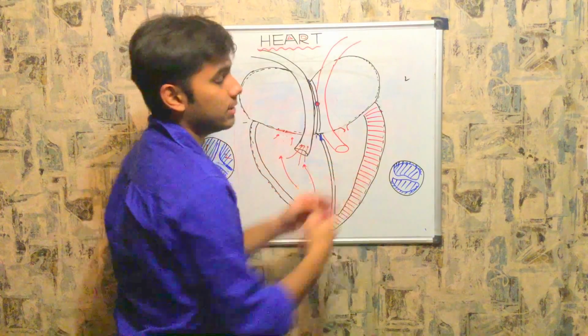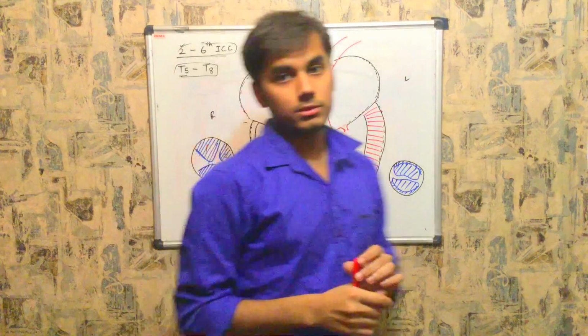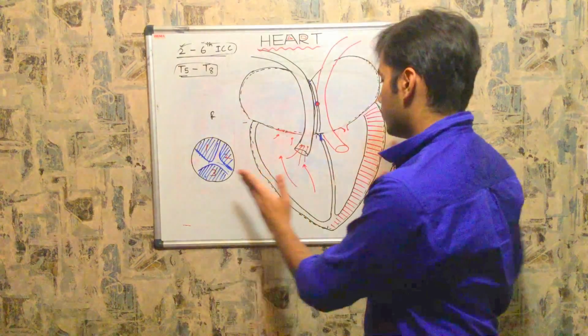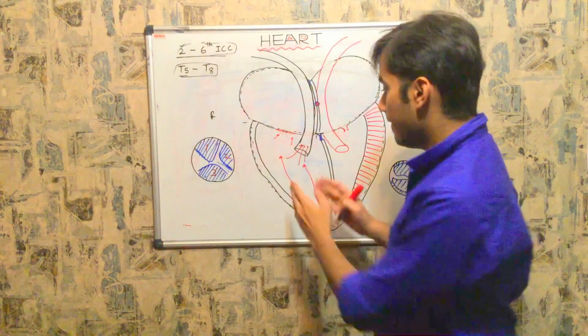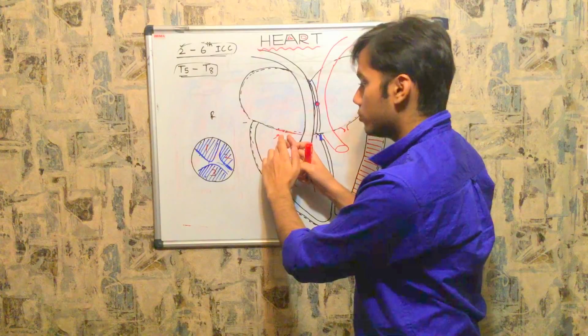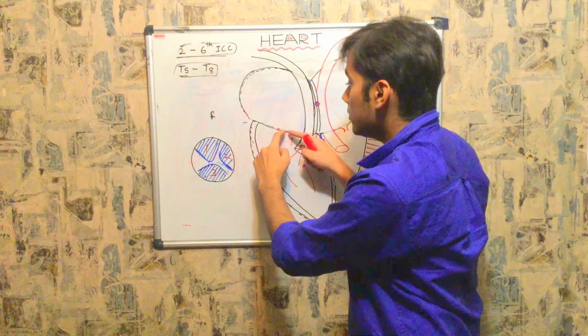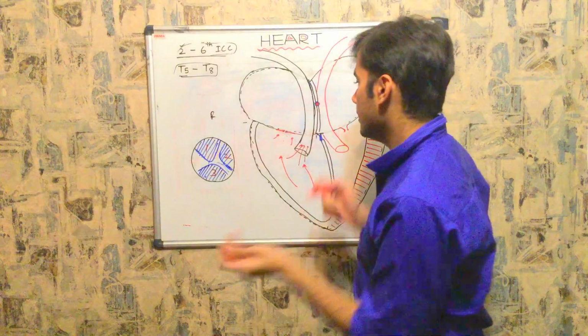The same thing happens here. Due to some reasons, if there is forced ventricular contraction or forced ventricular systole, the blood, as it is pushed up, hits these walls so hard that these walls may have a chance to flip inwards into your atrium in this fashion.